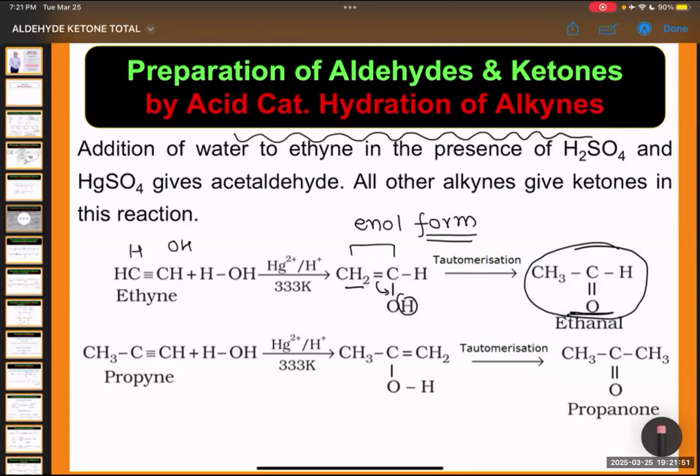Got it? So that is Markovnikov addition of water, where the H joins the terminal carbon and the OH comes in the middle, and then you have tautomerization, and you end up with a ketone.